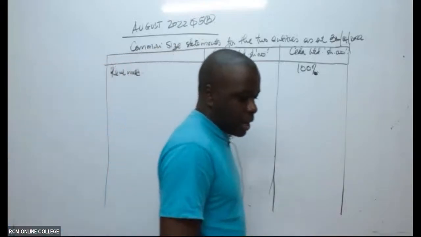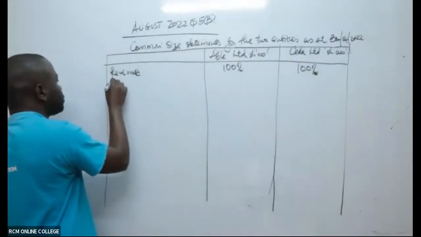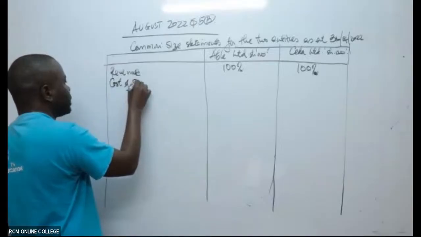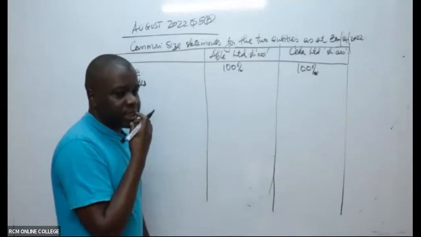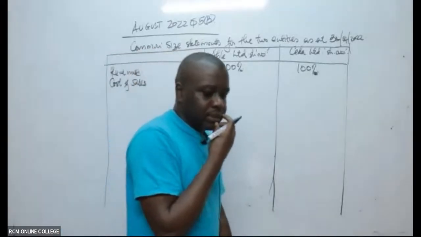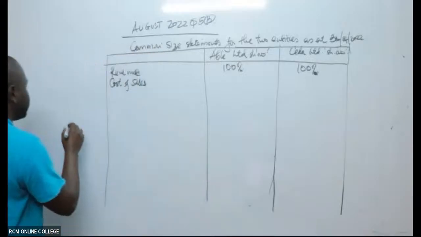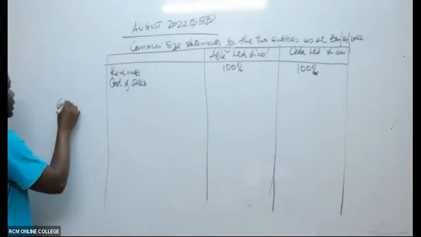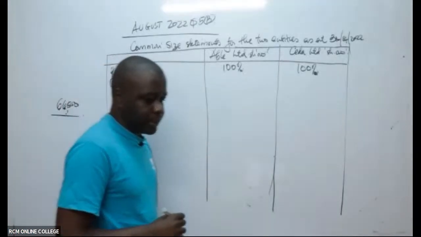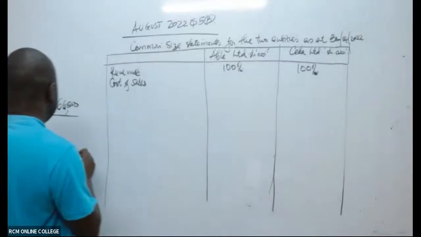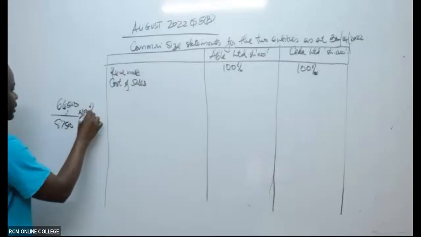So we have our cost of sales. You can get the cost of sales in terms of percentage. In terms of percentage, it will be how much? You do your computation: 66,500 divided by the sales, which is the base, that is 87,500, then you multiply by 100%.